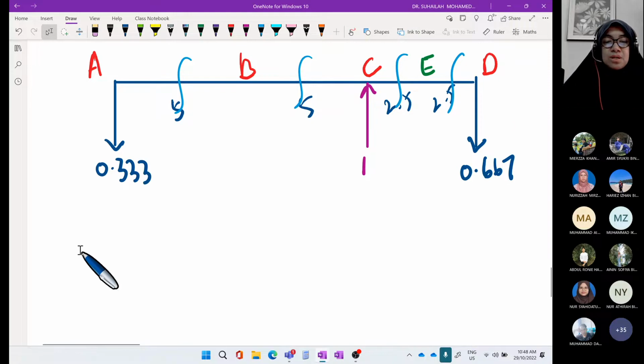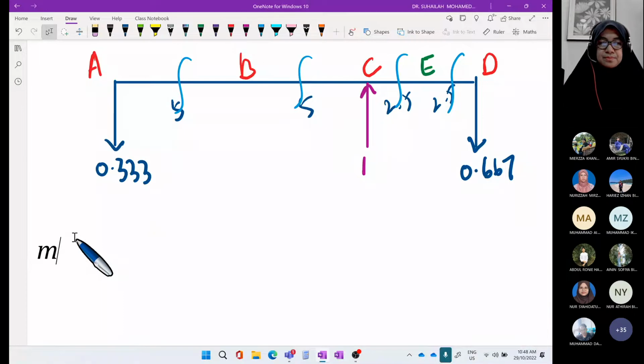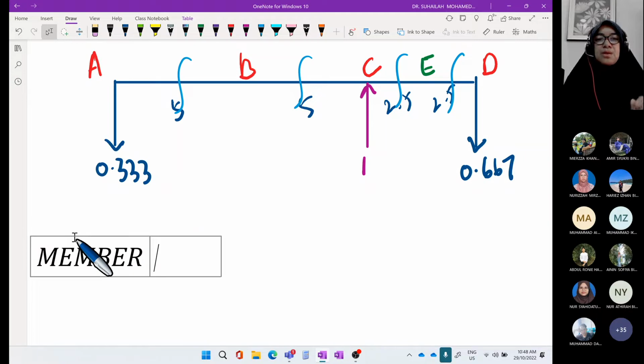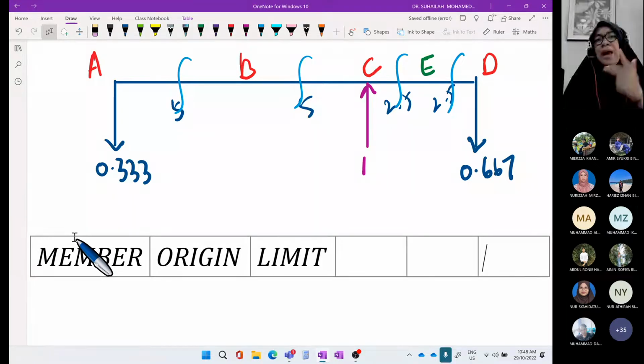We put into the table. So we have member, okay, member origin, and 0, 1, 2.